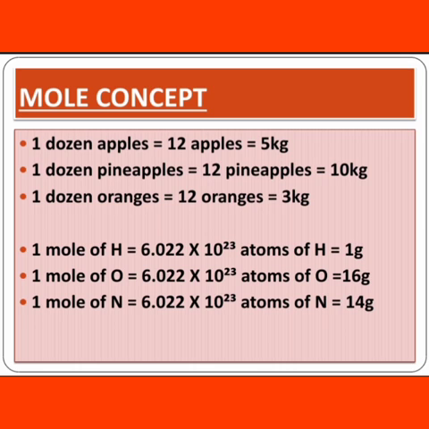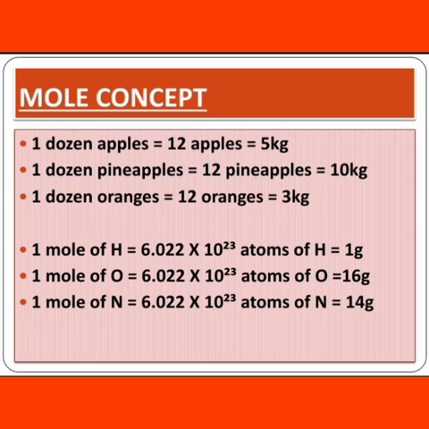But generally when you go to a grocery or buy vegetables or fruits, you ask the vendor, give me 1 dozen apples, give me 1 dozen pineapples, right? So 1 dozen apples means 12 apples, isn't it? 1 dozen pineapples means 12 pineapples, and 1 dozen oranges means 12 oranges.